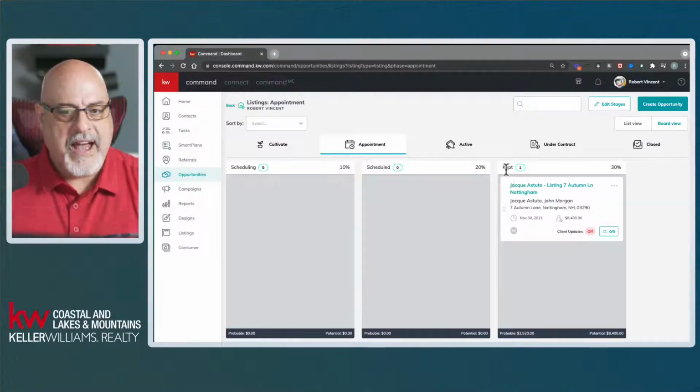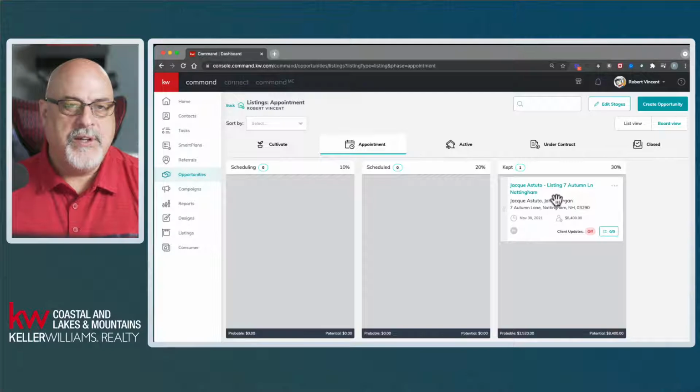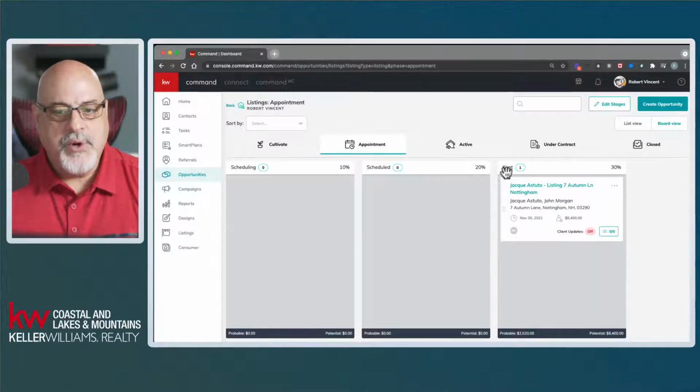From the point of kept, you think to yourself, well, what's next? Well, the next phase is active. And generally speaking, if they kept the appointment, hopefully when you're sitting down at the kitchen table, you don't necessarily need to go into here because you're sitting at the table. Hopefully the next thing that happens is that they sign the contract, right?